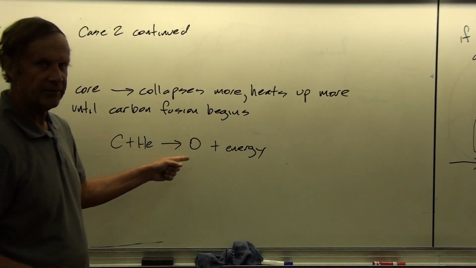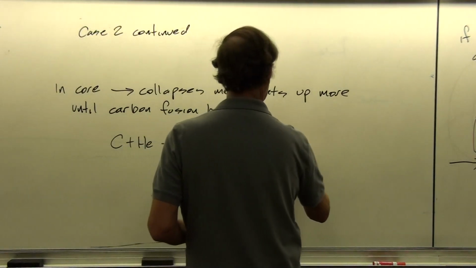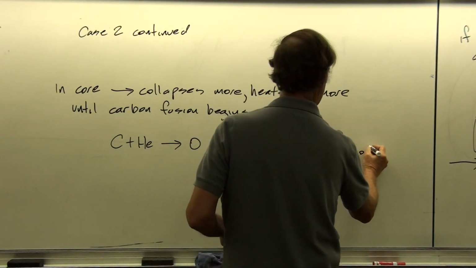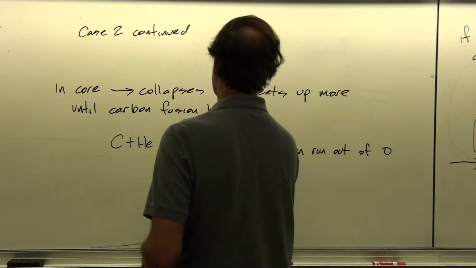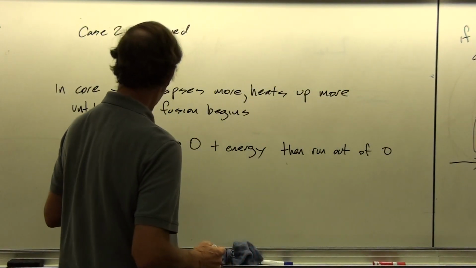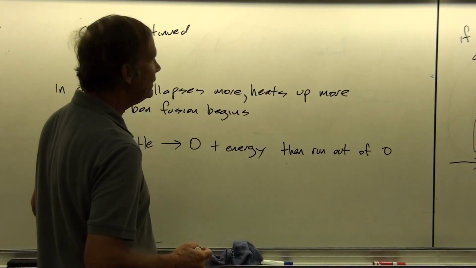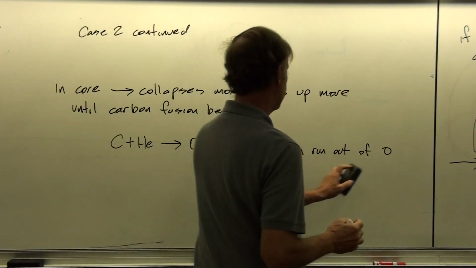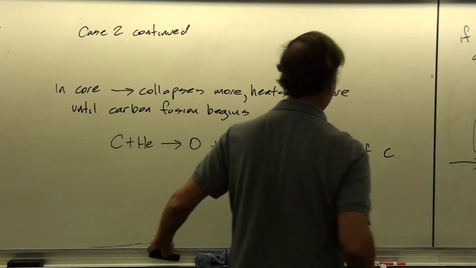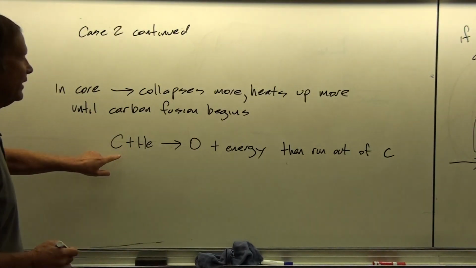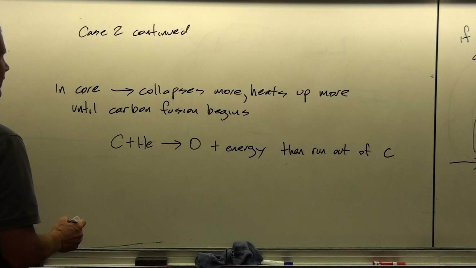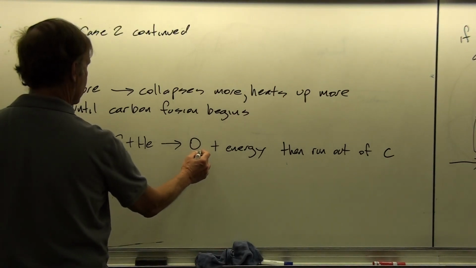But then we run out of carbon, just the same way we ran out of helium during the red giant stage, and we produced carbon. When we run out of carbon, then we'll have an oxygen core. And so then the oxygen core will collapse.